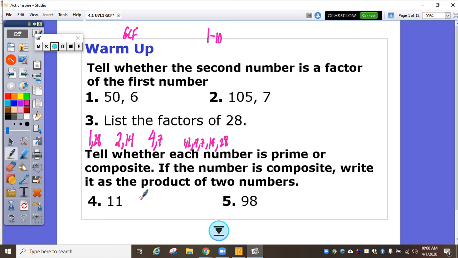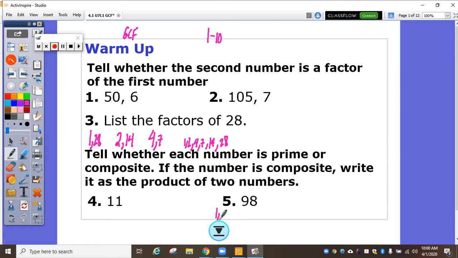Okay. Now we're going to tell whether or not it's prime or composite. Prime means that the only two numbers that go into the number that we're looking for are 1 and itself. So number 11 is a prime number because the only two numbers that go into 11 are 1 and 11. However, 98 is a composite number because we know that 1 goes into 98.